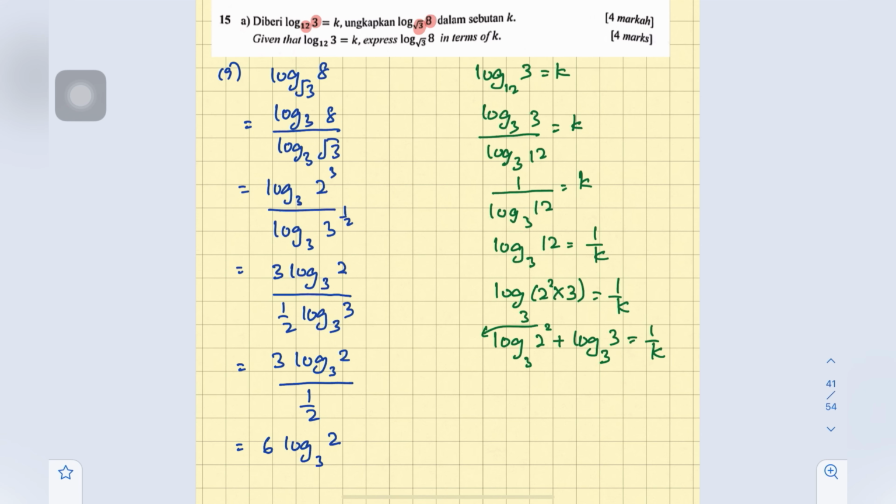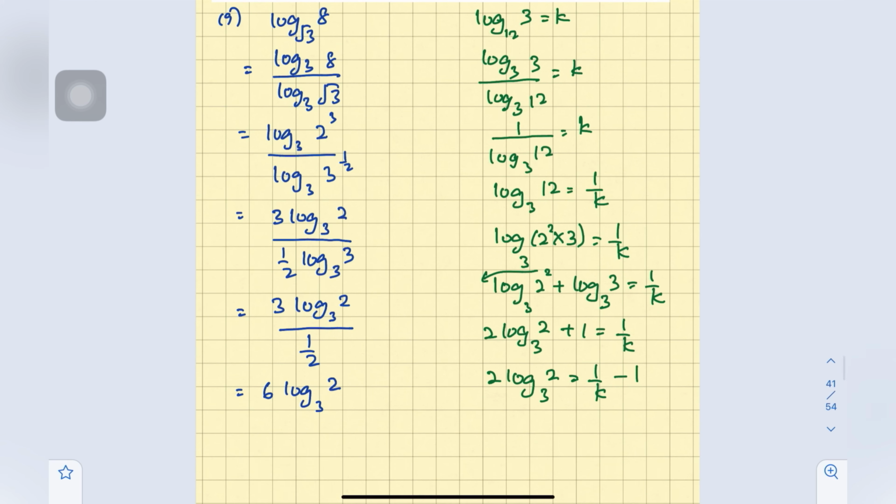Okay, so this one I can move in front, so it becomes 2 log 2 base 3 plus 1 equals 1 over k. So 2 log 2 base 3 equals 1 over k minus 1. Okay, so then log 2 base 3 is 1 over 2k minus 1 over 2.